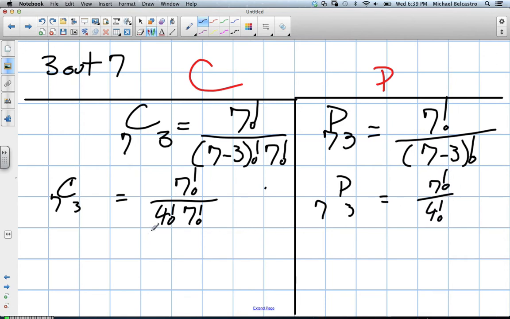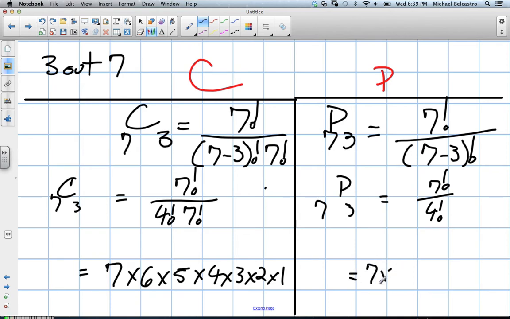Okay, so what this means is, when we go to fill this out, did we get our combination right in that formula? Yeah? Okay. So what this means is 7 factorial is essentially 7 by 6 by 5, 4, 3, 2, and 1, right? So the same thing over here, our 7 factorial is the exact same.